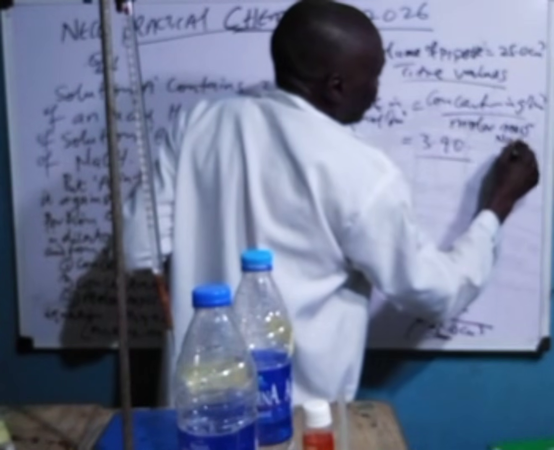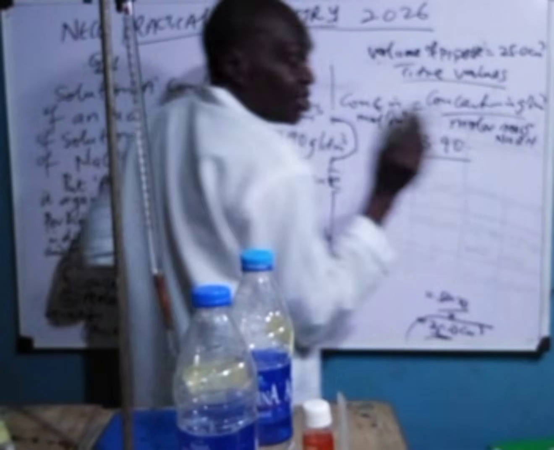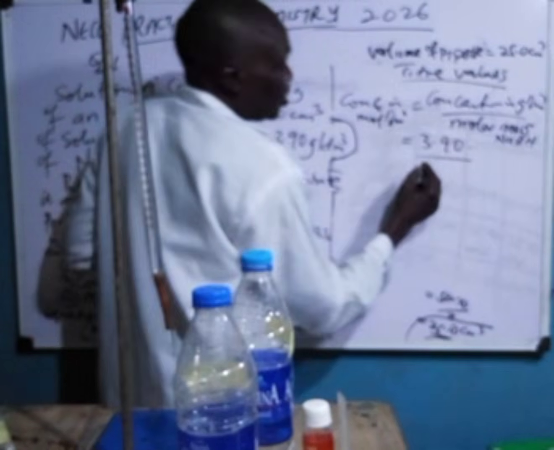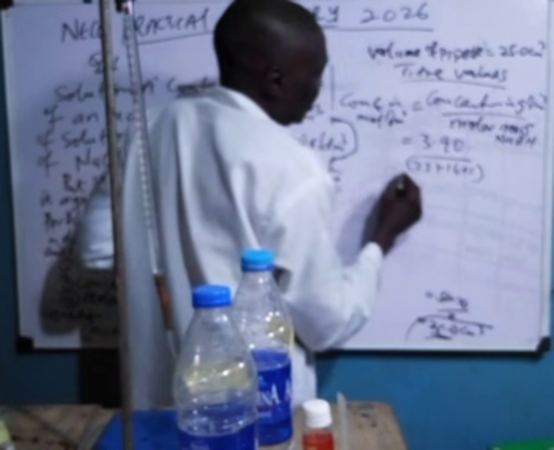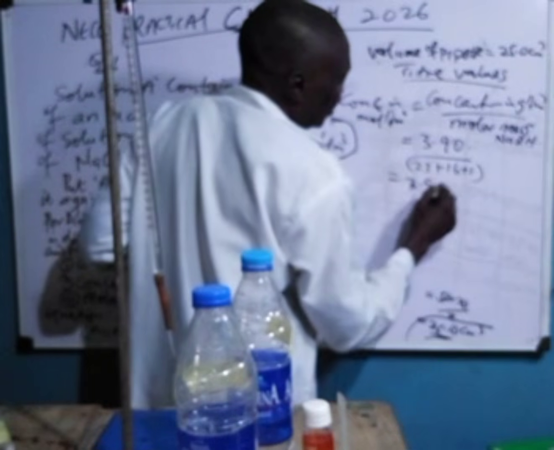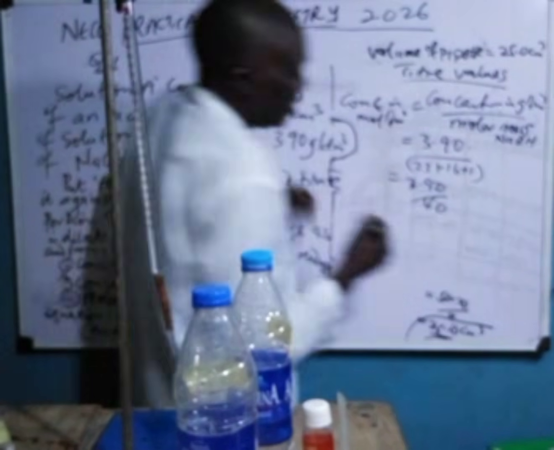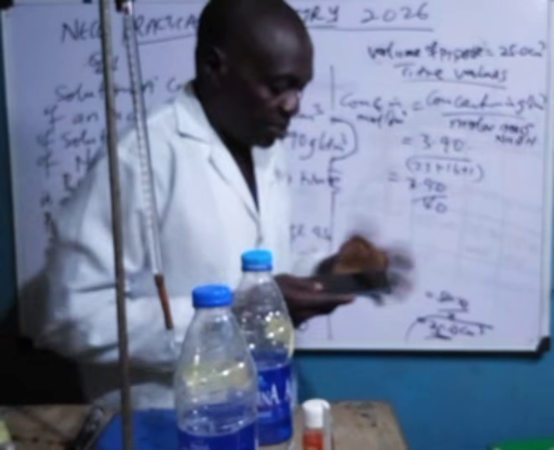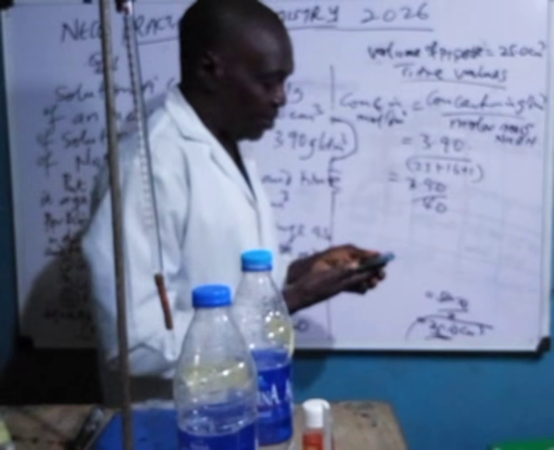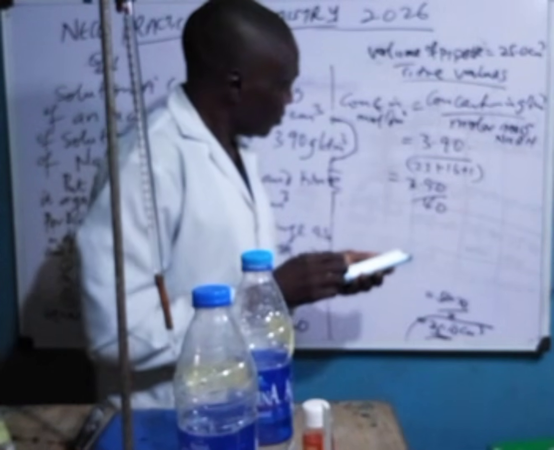Molar mass of NaOH, please try and show how you calculated it. You can do it in this way: 23 plus 16 plus 1. Put it in a bracket, giving you 3.90 over 40. You see it? So just do the calculation here. Do the evaluation.